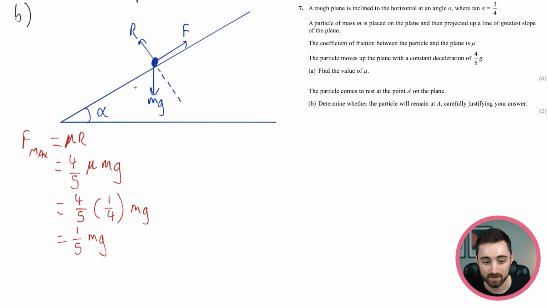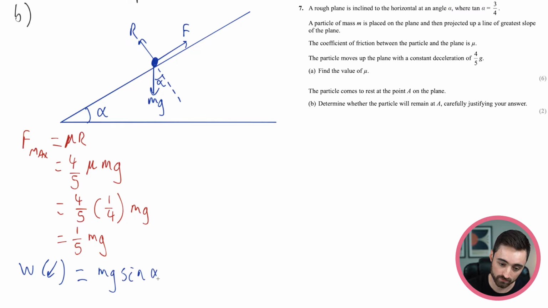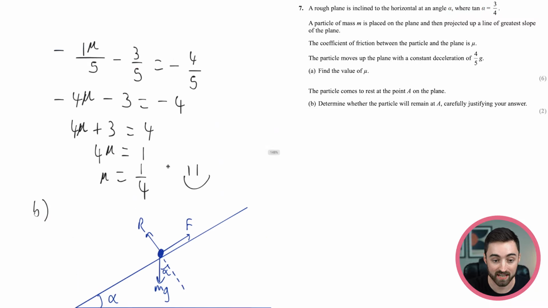If it's bigger than a fifth mg, then the friction isn't going to be strong enough and it's going to fall down, okay? So remember, this is alpha still, meaning that the component of the weight going down the plane is equal to what? It's equal to mg sine alpha. And what did we say sine alpha was?